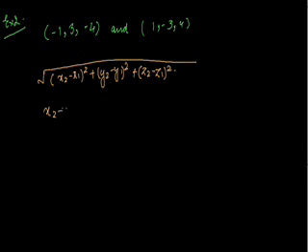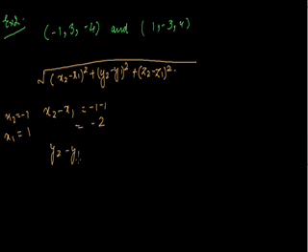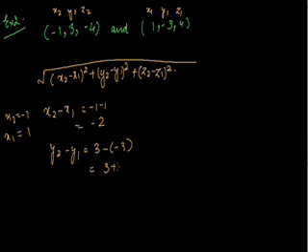So x2 minus x1 is -1 minus 1, which is -2. Then y2 minus y1 is 3 minus -3, which is 3 plus 3 equals 6. Then z2 minus z1 is -4 minus 4, which is -8.